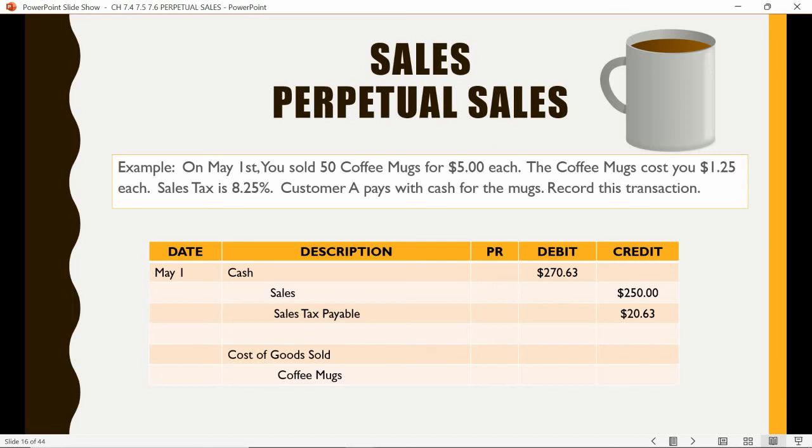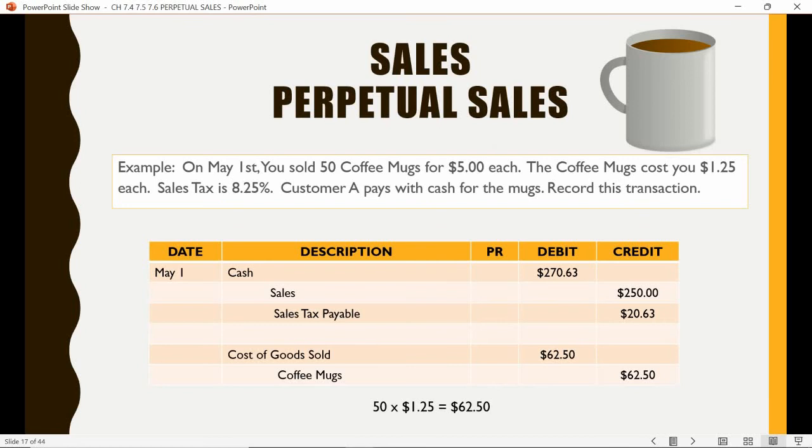How much is it going to cost me to sell those 50 items? We're going to solve for 50 times $1.25, which is $62.50. That's how much it cost me to sell those 50 items, but at the end of the day, I sold them for $5 each, which yielded me $250.